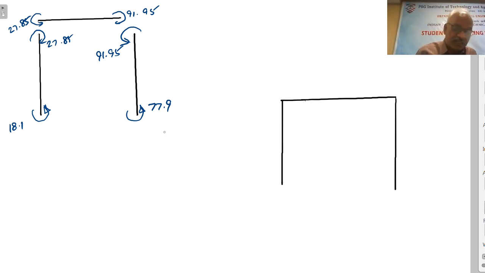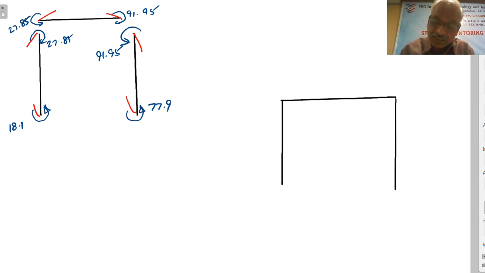So here this will cause tension on the outer side. This will also cause tension on the outer side, tension on the top. So tension on the right hand side, tension on the left hand side. That is about the tension side.